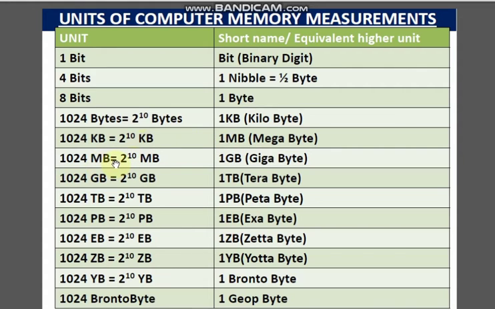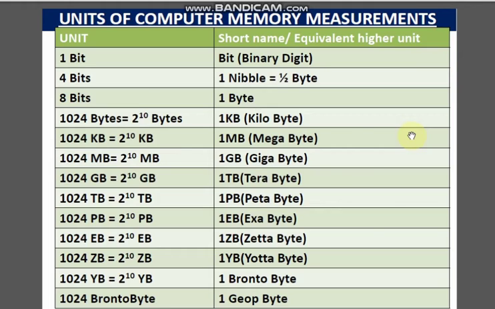Again 1024 MB is equal to 1 GB, 1 gigabyte. 1024 GB is equal to 1 TB, 1 terabyte. 1024 TB is equal to 1 petabyte, 1 PB. Then moving on to PB and then EB, exabyte, zettabyte, yottabyte, brontobyte, geobyte. So like this, you can learn the different memory measurement units.